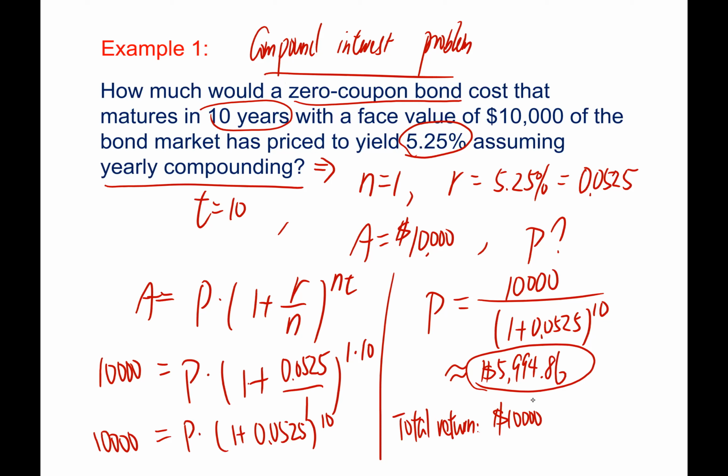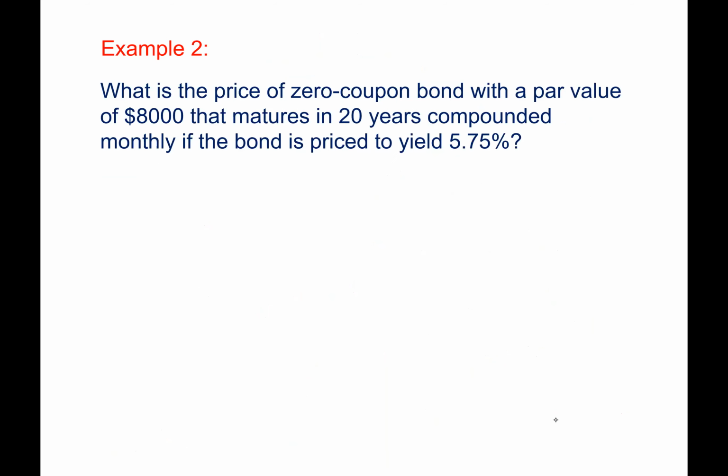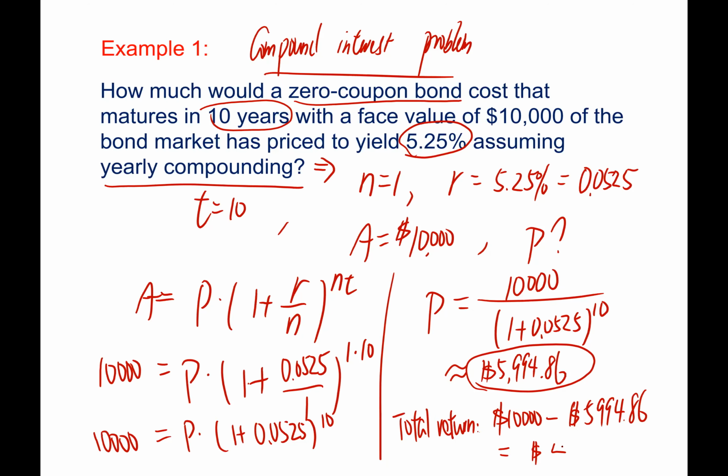That's the face value, how much money you collect after 10 years, minus the initial investment, $5,994.86. And this turned out to be $4,005.14. And if you want to spread it out over the 10 year period, each year you are earning about $400.51, right, from this investment.